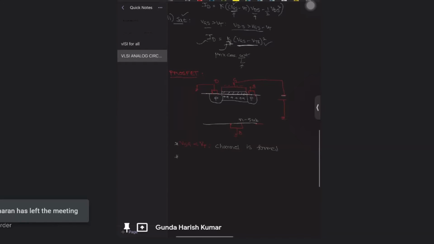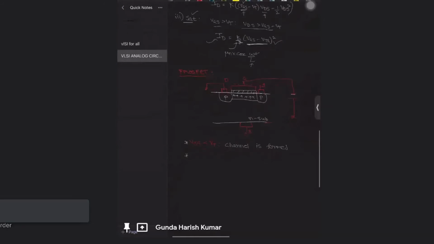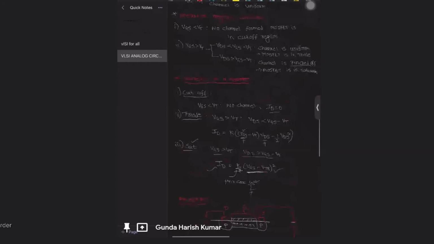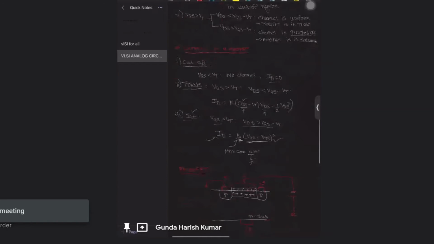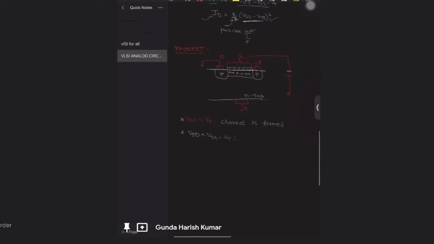If VSG exceeds VT, the channel is formed in the P MOSFET. In the same way, these are the equations for triode region and saturation region. Here the equations will be reversed. VDS will be changed to VSD. If VSD is less than VSG minus VT, it will be in the triode region.